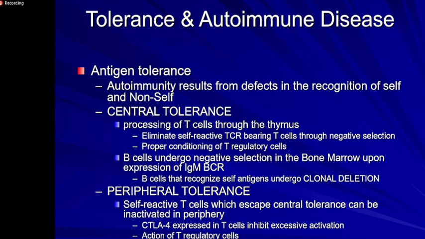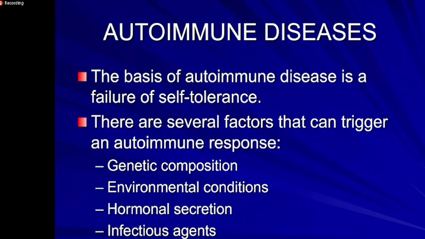But something happens somewhere. So when that something happens where you lose what is called self-tolerance, you get what is called autoimmune diseases. And it appears that there are actually several factors that can trigger the autoimmune response.